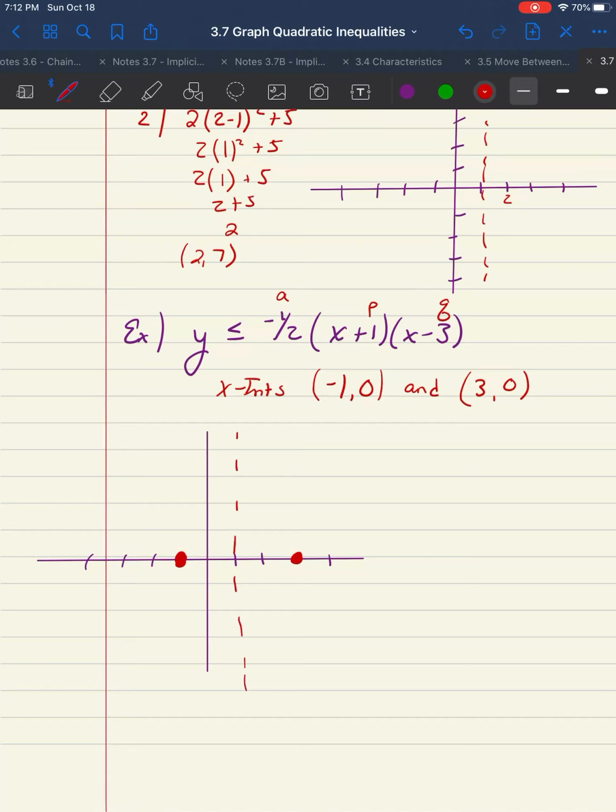So I plot my x-intercepts first, -1, 0 and 3, 0, and then I'm going to draw my axis of symmetry right in the middle of them. So that's going to end up happening right here. That is exactly in the middle of those 2 x-intercepts.